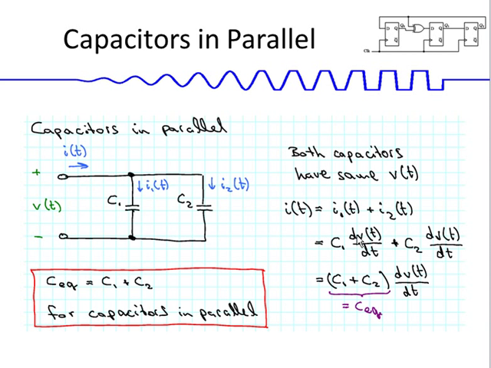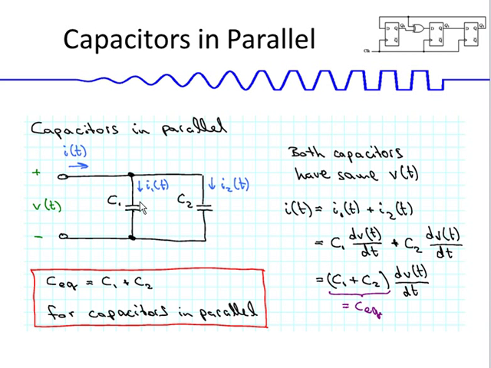And using the formula for the IV characteristic for the capacitor, we get that this is C1 times dV of t over dt plus C2 times dV of t over dt, or combined together, C1 plus C2 times dV of t over dt. So the equivalent capacitance of two capacitors in parallel is Ceq equal to C1 plus C2.